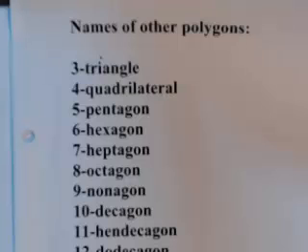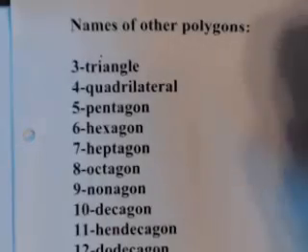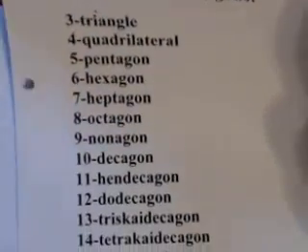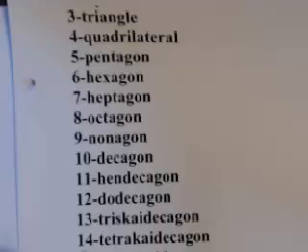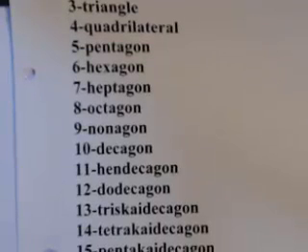An undagon is what we use for 11 in some books instead of a hendecagon. 12 is dodecagon. 13 is tricaidecagon. 14 is tetracadecagon. 15 is pentacadecagon.